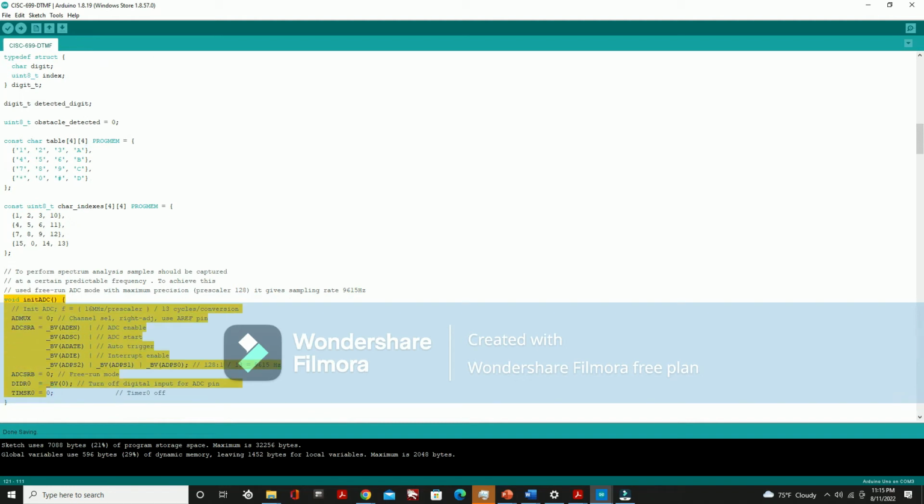This part of the code is used to initialize the analog to digital conversion on the Arduino. These are values written directly into the analog to digital converter registers associated with the particular microcontroller I'm using.